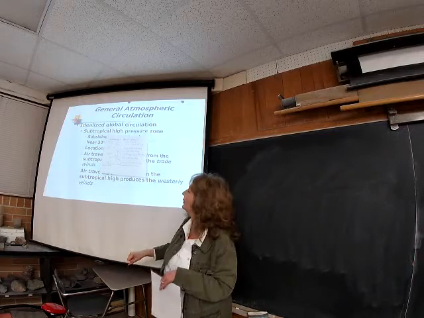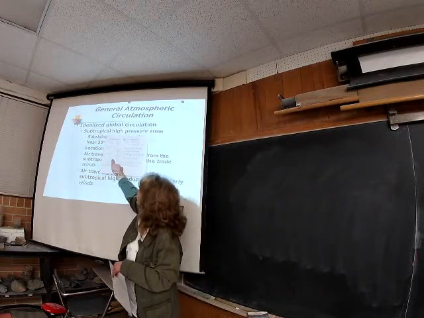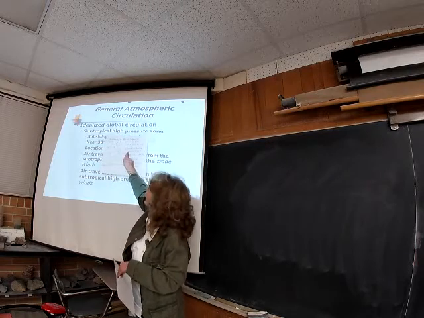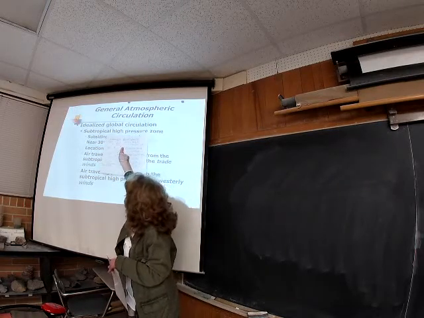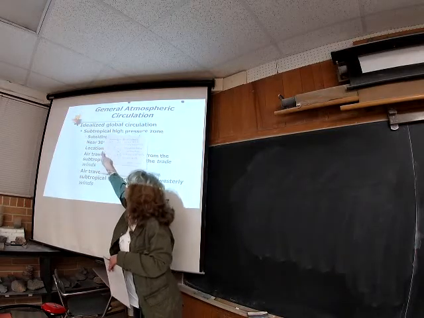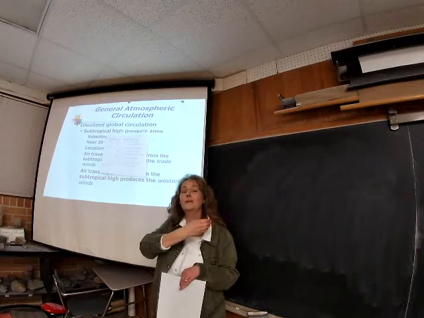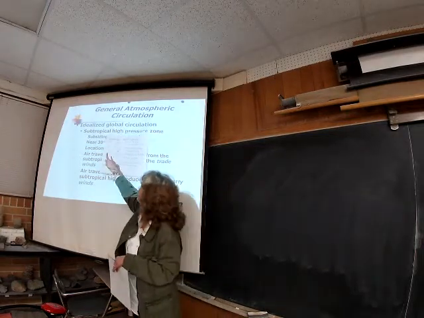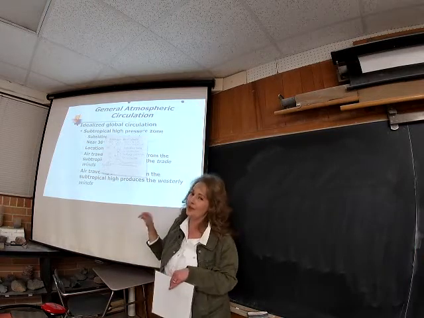There's a low pressure cell across there. Well, the confluence of the subtropical highs going clockwise and this subpolar low going counterclockwise creates what we call the westerlies. Of course, they're coming from the west and going to the east. Those are known as the westerlies or the westerly winds.